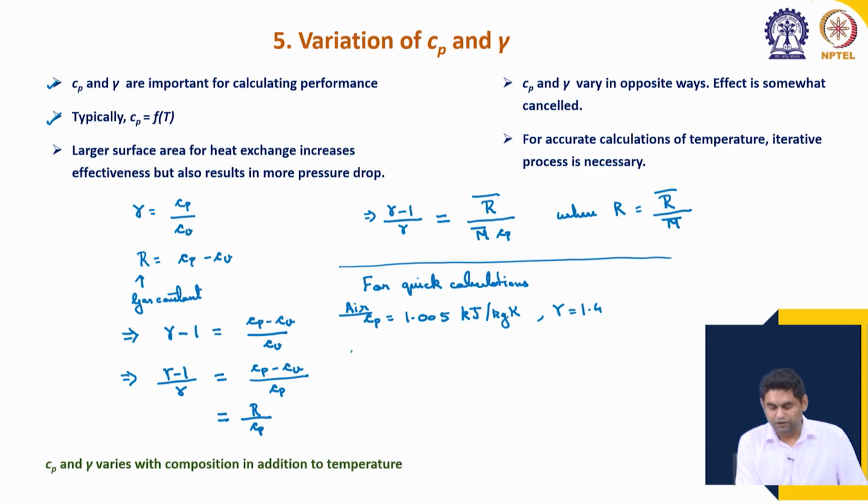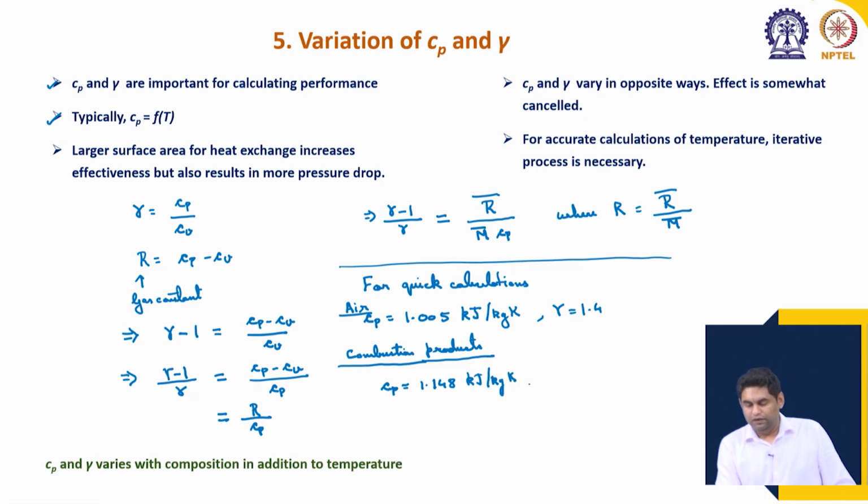For combustion products, we will take a different average value. It is seen that this is a good approximation. Cp is equal to 1.148 kilojoule per kg Kelvin, so a higher value of Cp, and gamma can be obtained from this, and that comes out to be 1.333.